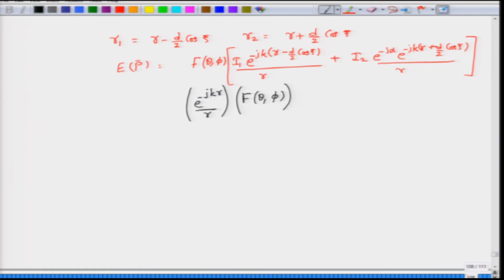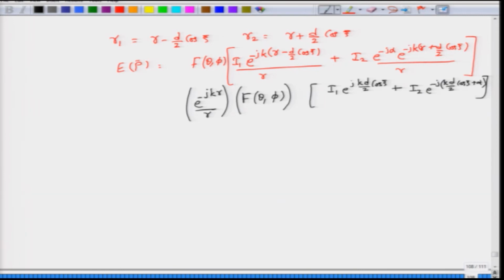Here I have assumed them to be the same antenna pattern, therefore I am writing this separately, times I 1 e power j k d by 2 cos zeta plus I 2 e power minus j k d by 2 cos zeta plus alpha. I have included this alpha into the second exponent itself.